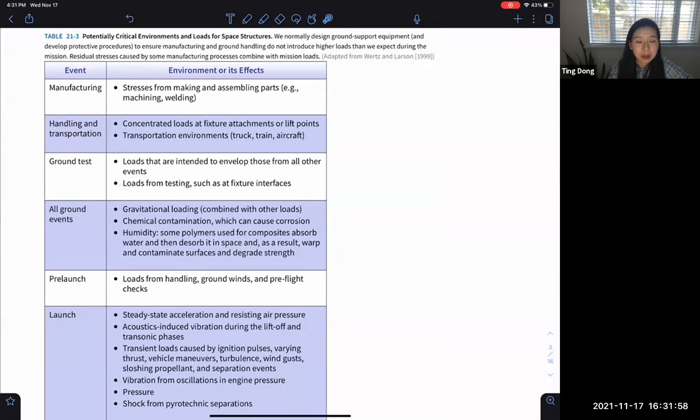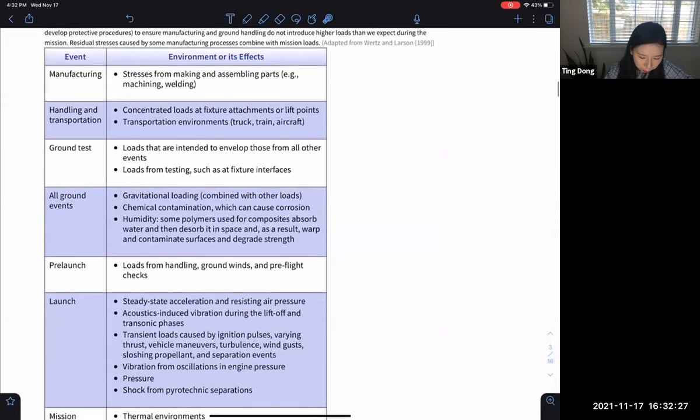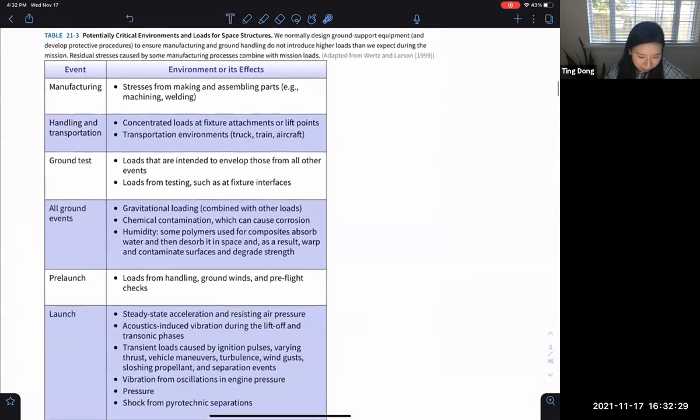And under this situation, what is the critical component, which means the component that will fail first if it causes failure. So if we can identify the critical situation, critical environment, and critical component, we focus the structure analysis on that component in that situation. So we can make our analysis much easier instead of showing stress level at every point on your EEV. We do not have so much time for that.